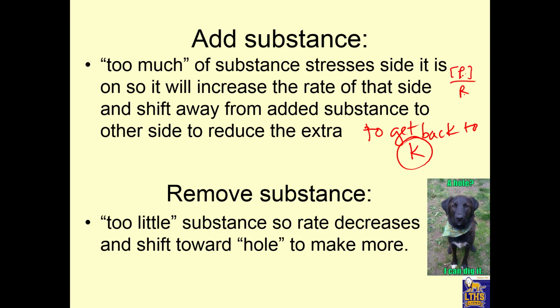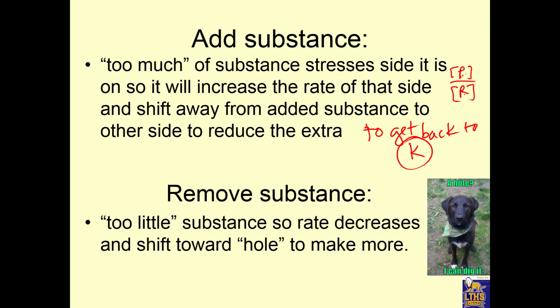This is generic. Remember, there's coefficients, all that good stuff. But here's the constant. If you add more products into the system, then those products are going to collide and turn into reactants to get back to that ratio of products to reactants.